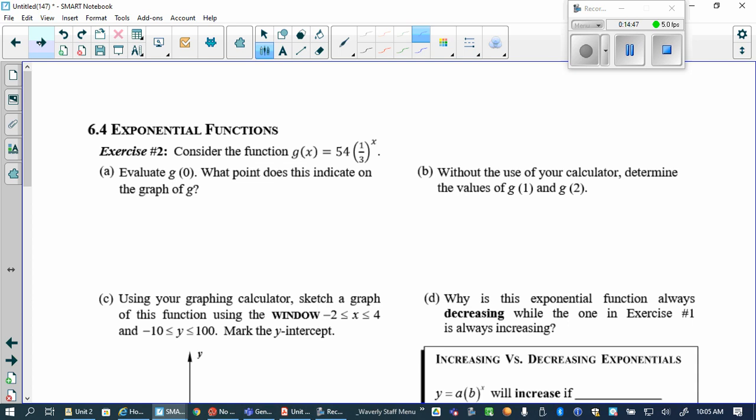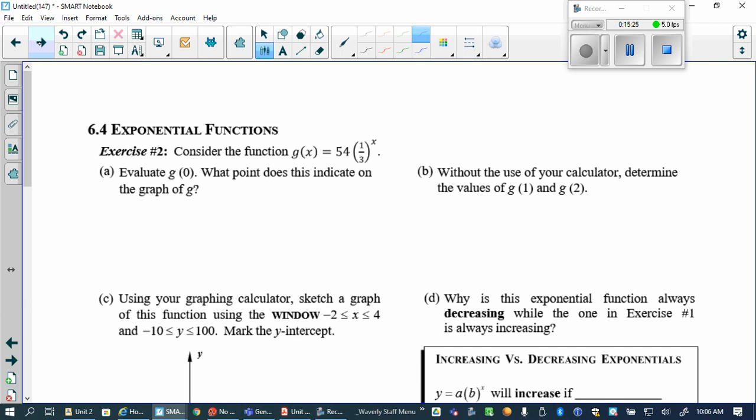What does it mean when you put a 0 in for x in any equation? What part of the graph is that? Remember when we were graphing, we put 0 in for x and 0 in for y and found 2 points to graph a line?